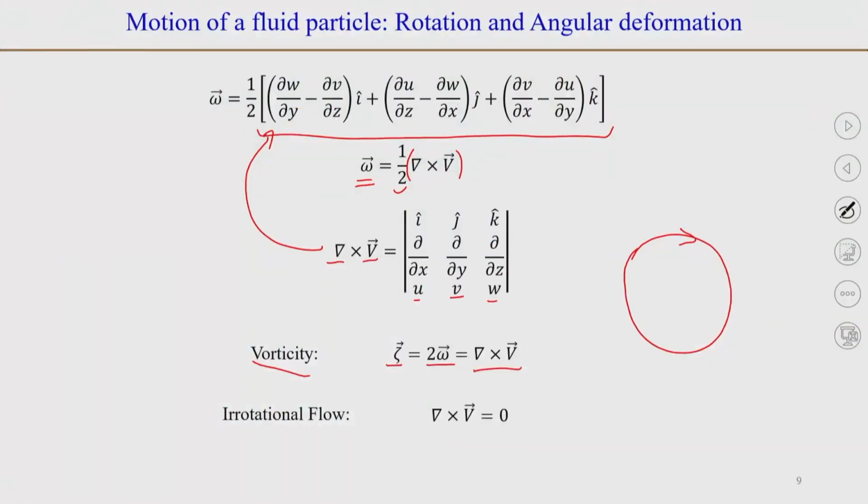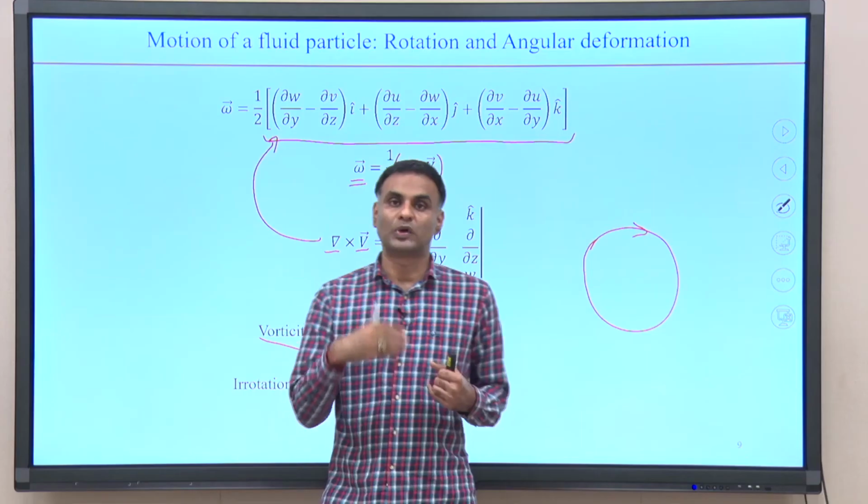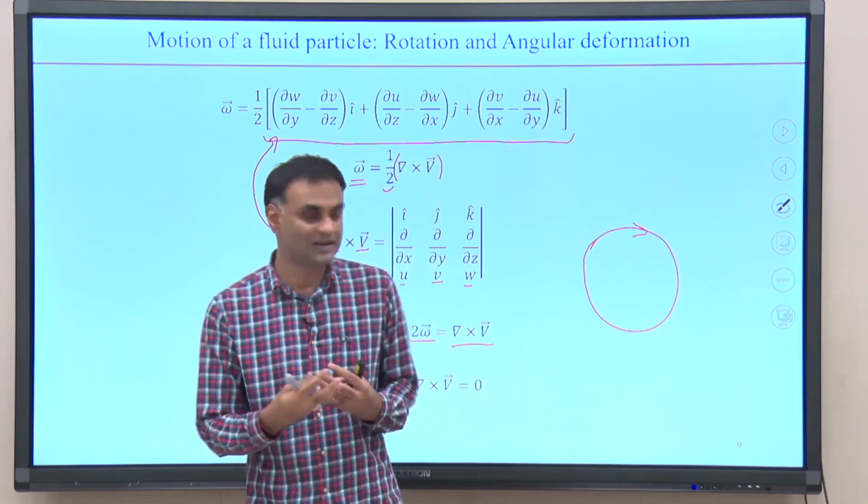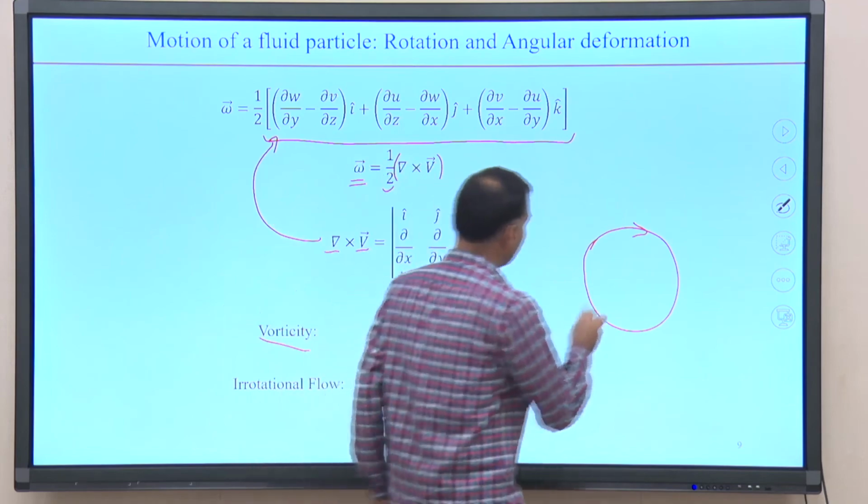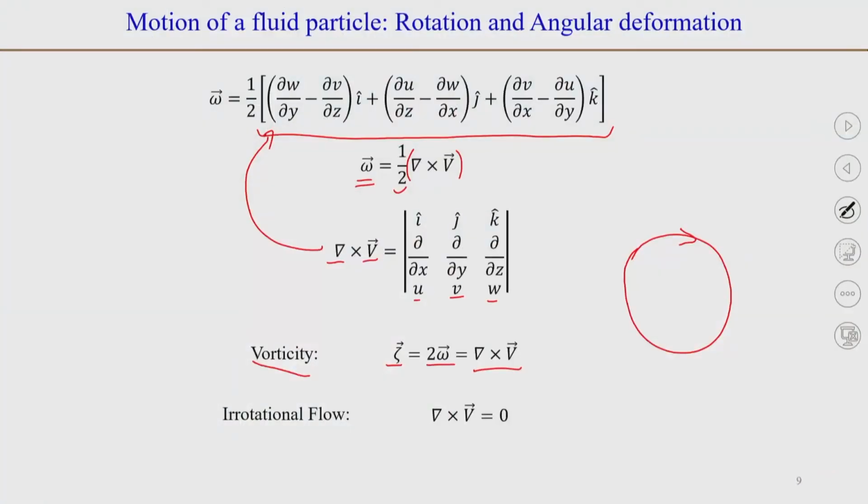The vorticity represents the rotation of the fluid element itself. So, if there is a fluid element and it does not rotate during its motion, let us say it keeps its orientation constant during this circular motion, then it is not rotating.